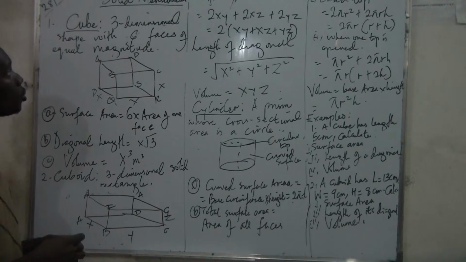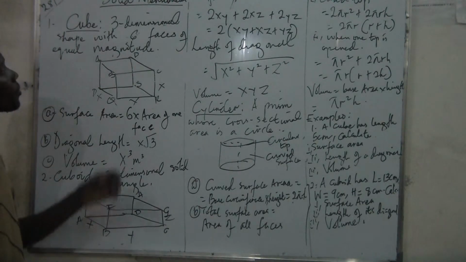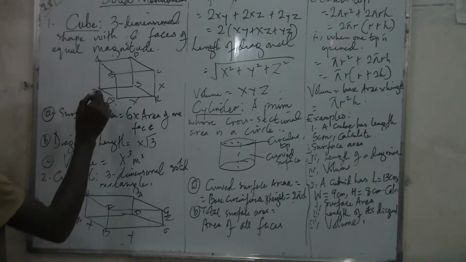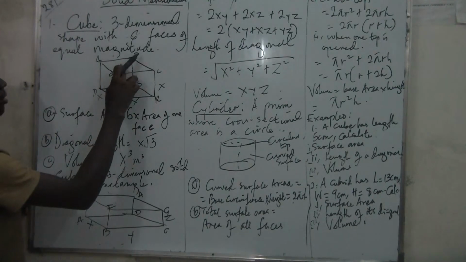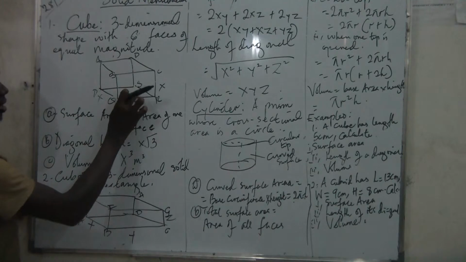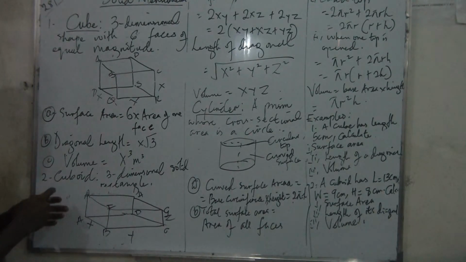When we speak about a cube, we are talking about a three-dimensional shape that has faces of equal magnitude. So if you find a cube, can we count the number of faces? 1, 2, 3, 4, 5, 6. There are 6 faces, and how many vertices?